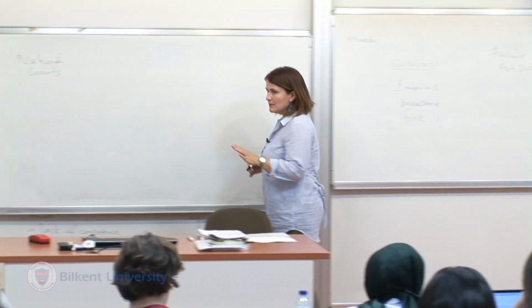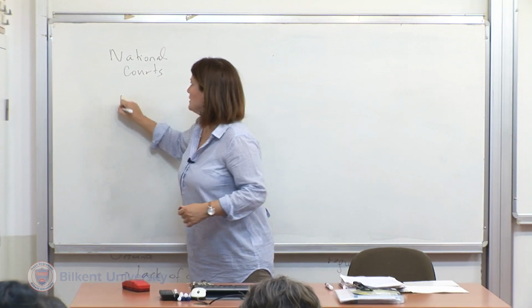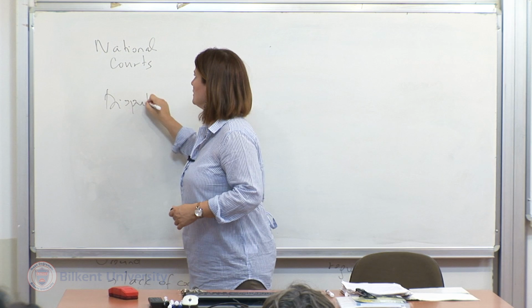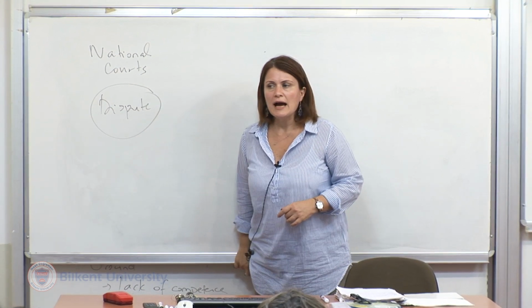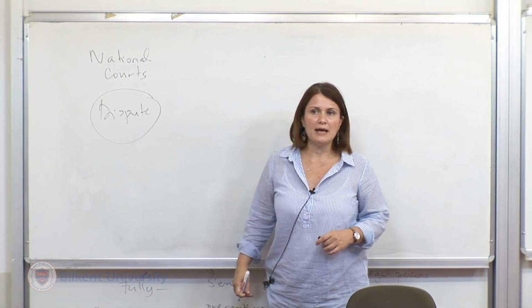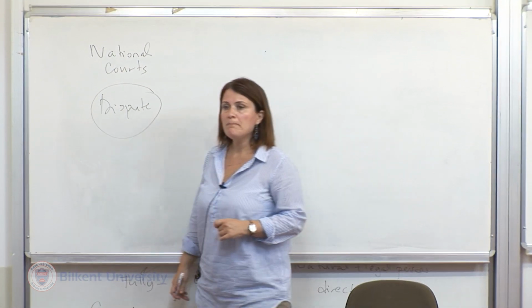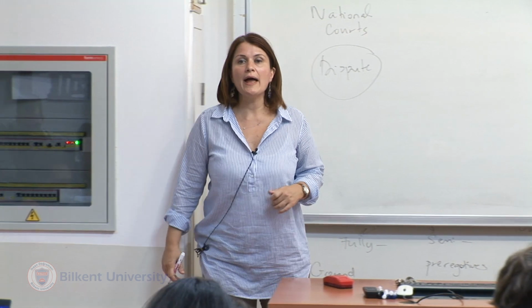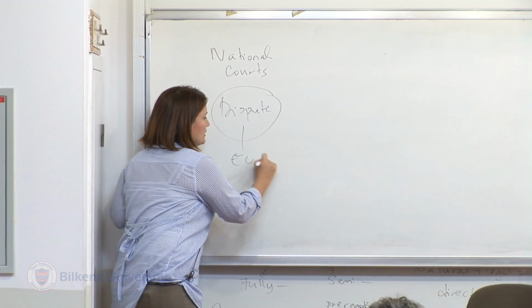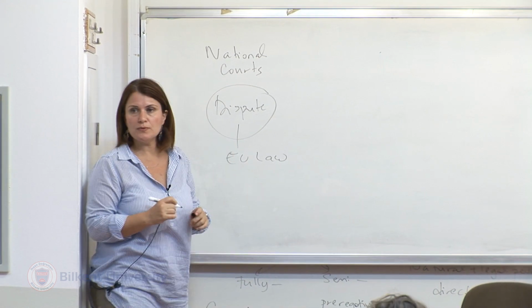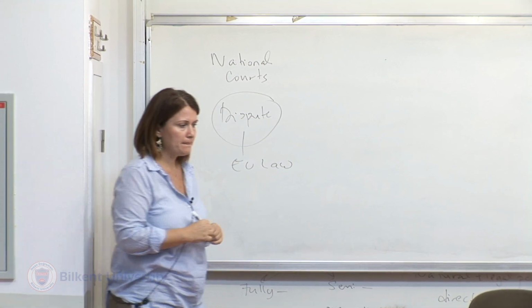In the preliminary rulings procedure, the dispute is before the national courts, the national courts of the member states, which may also apply European Union law when they are solving the disputes. Okay?